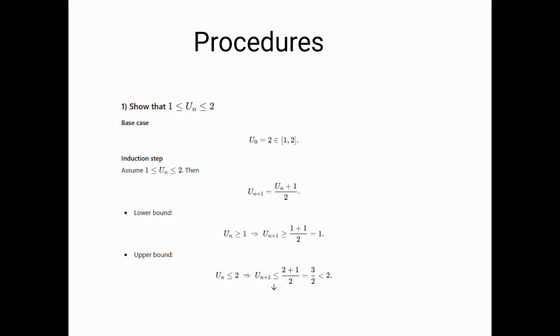For the boundary, we take the given equation u(n+1) equals (un + 1) over 2. Remember that the initial term u0 is equal to 2, which simply means the first n is equal to 0.